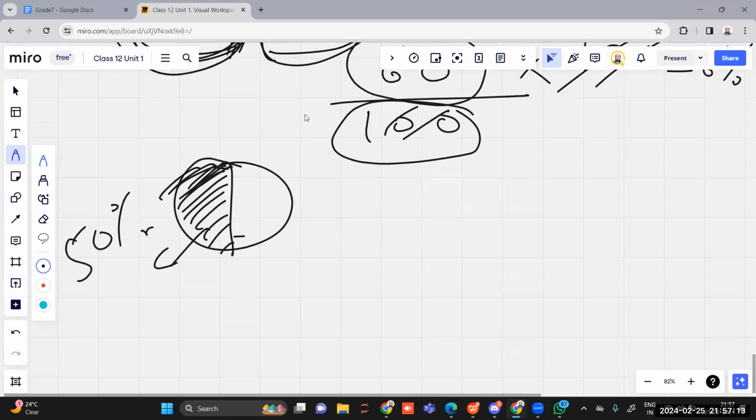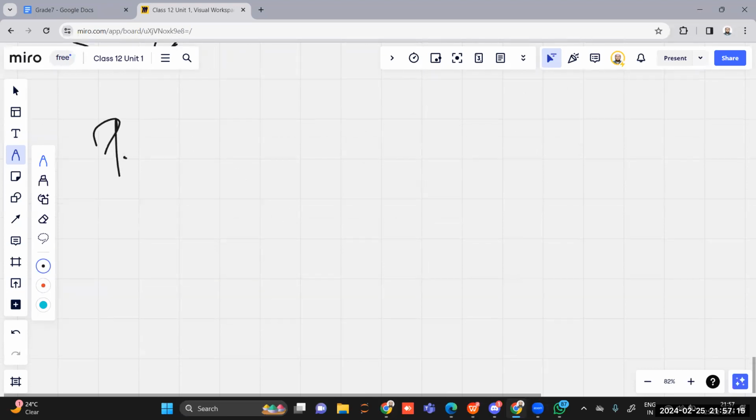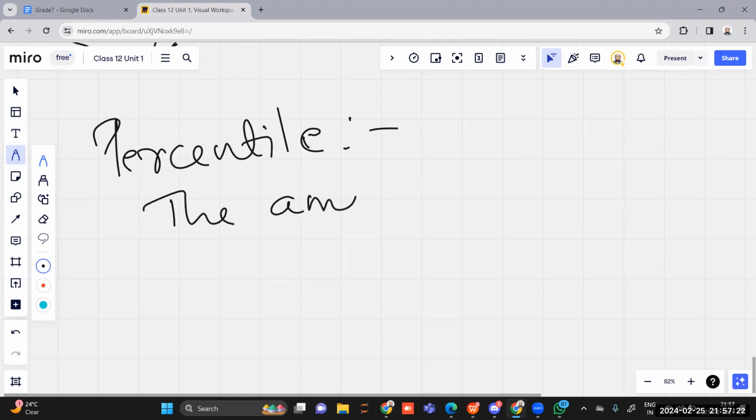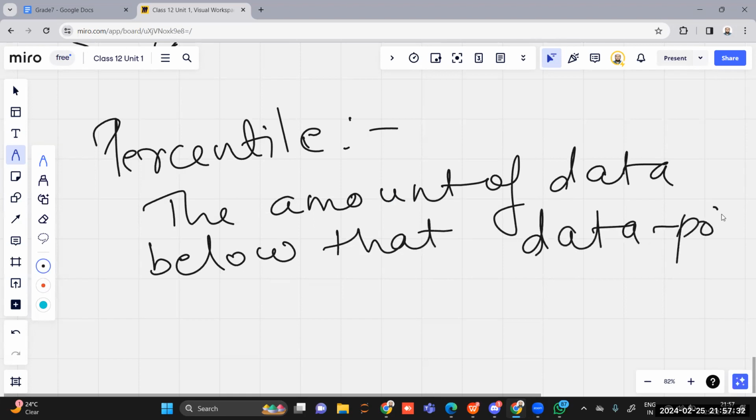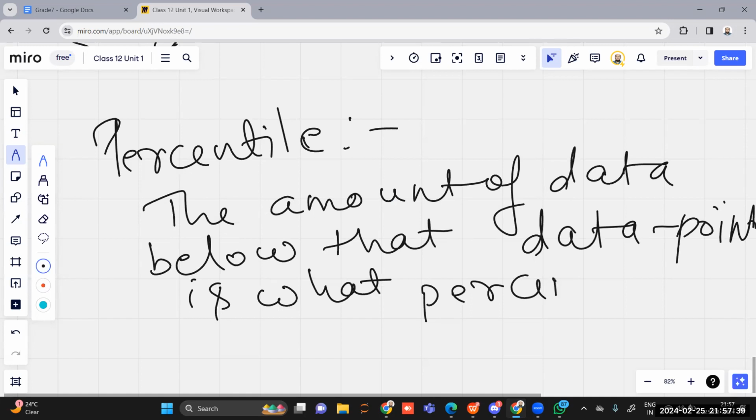Percentile tells us the amount of data below that data point. I'll explain this also with an example.